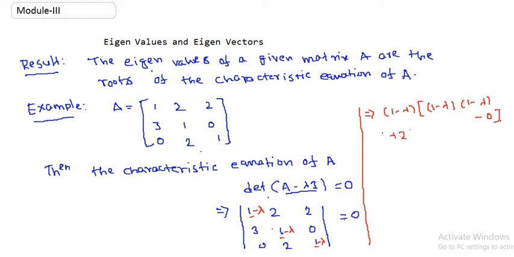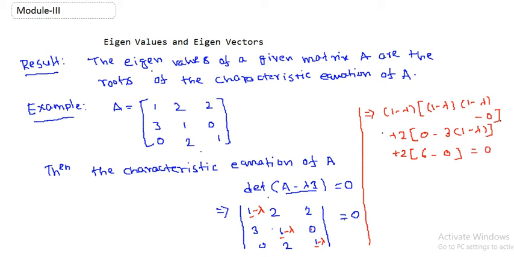Next, I made a mistake, 0 into 0, and over here 0 minus 3 into 1 minus lambda, so please recheck each of my calculations. And 6 minus 0 into 1 minus lambda, so 0. After that this equals 0.